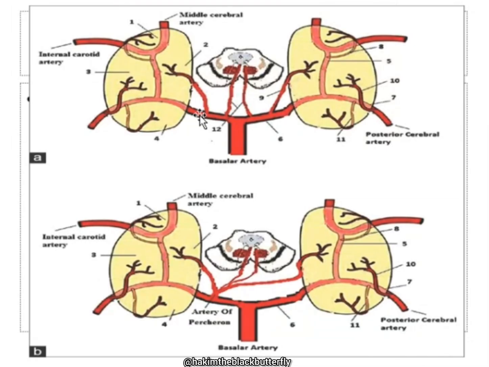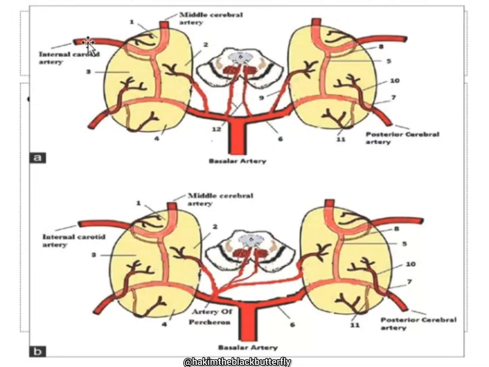Then the other blood vessel which brings blood to the brain is the internal carotid, this artery. It's a branch of the common carotid.